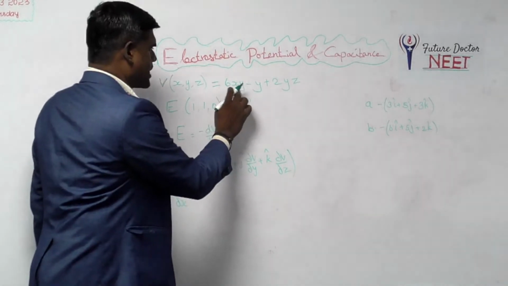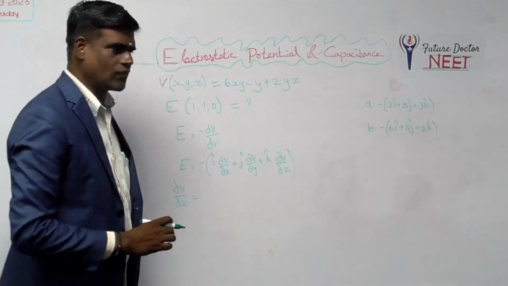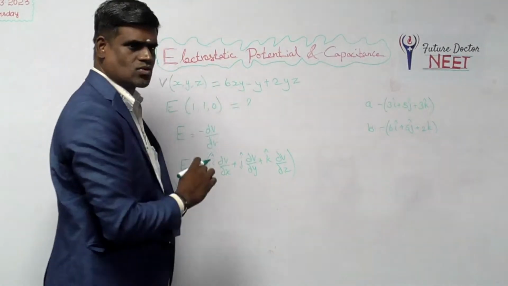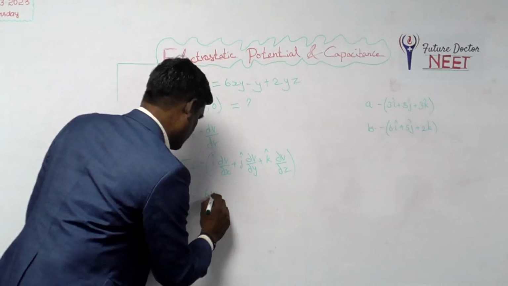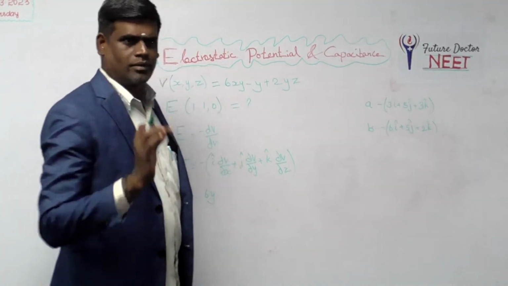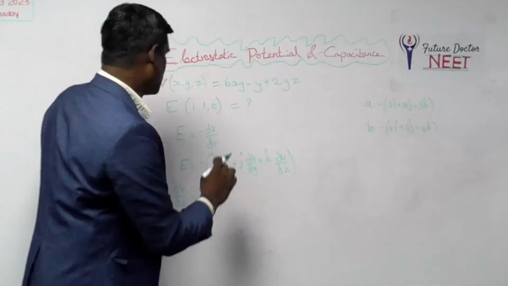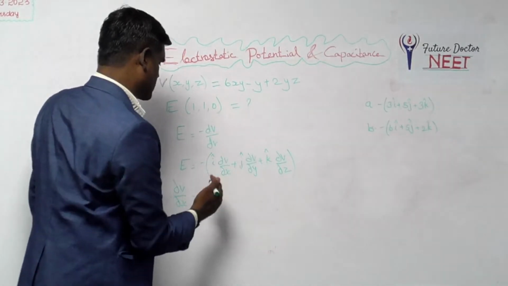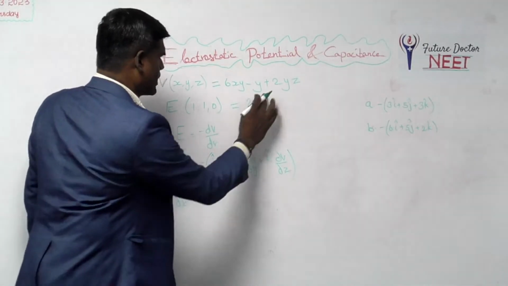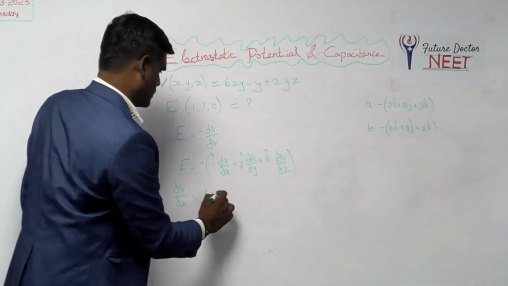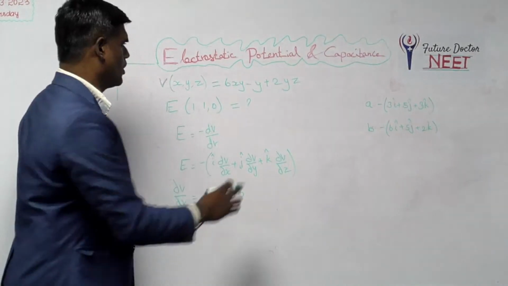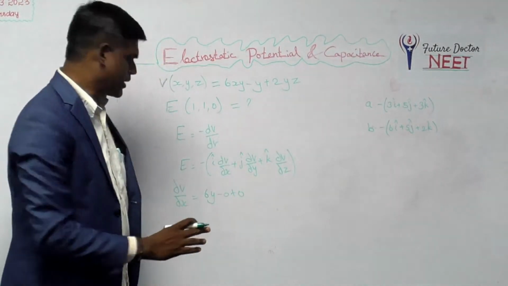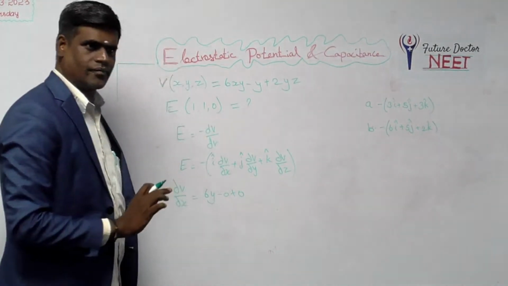So if you differentiate 6xy, what will come? 6y, since x will be 1. Similarly, the other terms are constant, so they become 0. It is differentiated with x only.